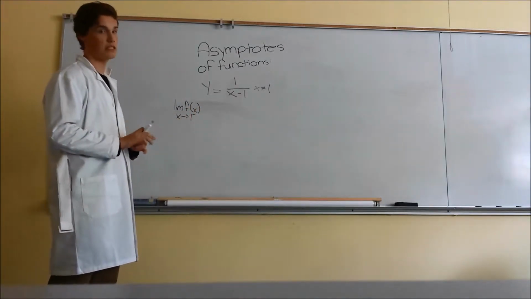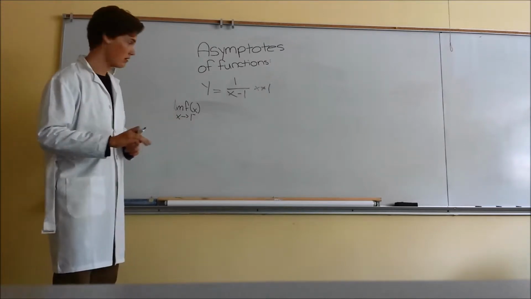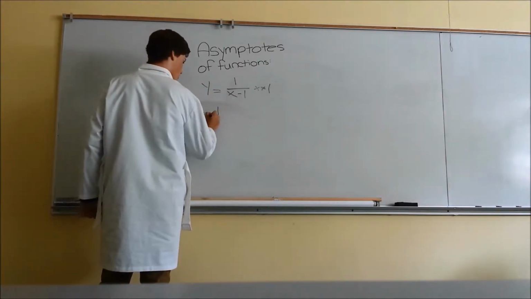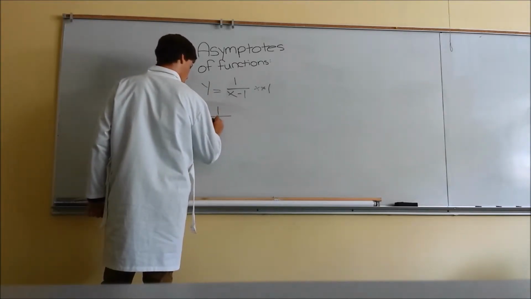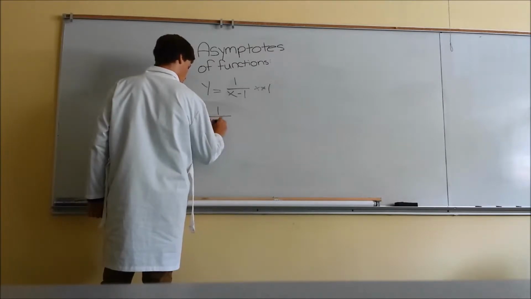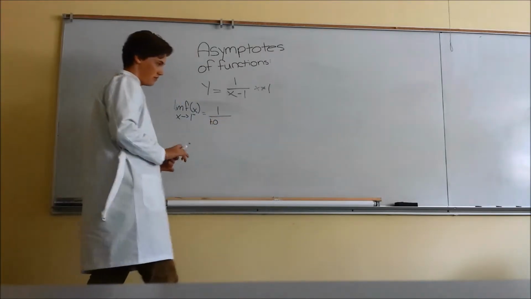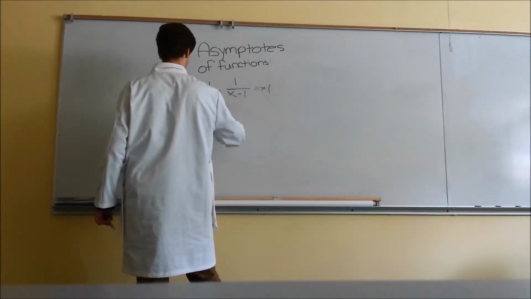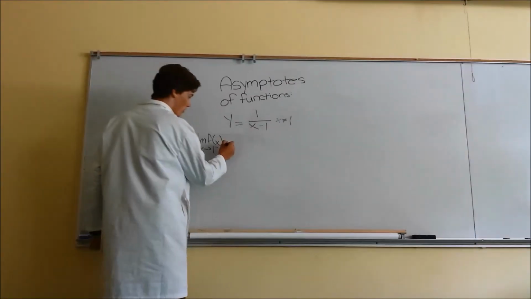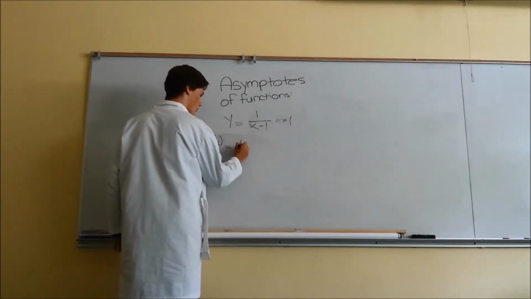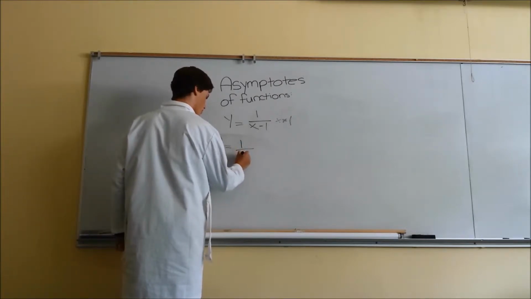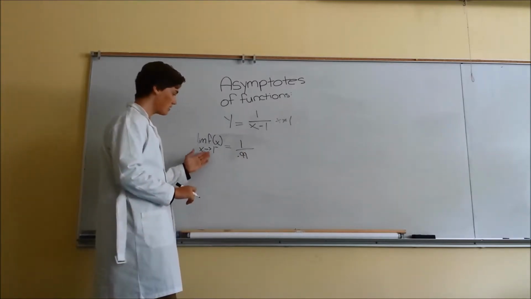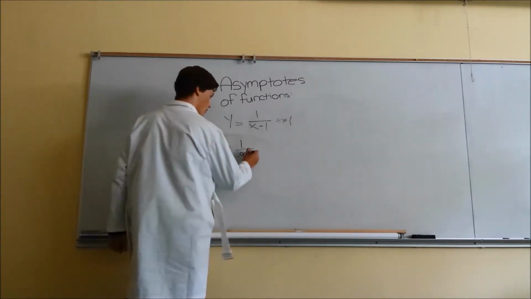First, let's check the limit as x approaches 1 from the left. We can just take it from here. We set this equal to 1 over 0.99, a value slightly to the left of 1, minus 1.